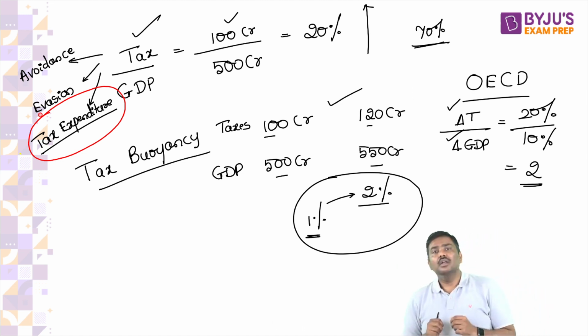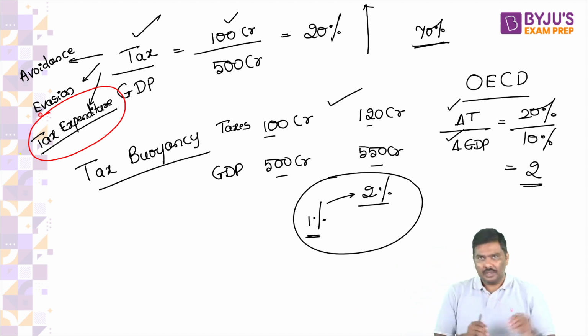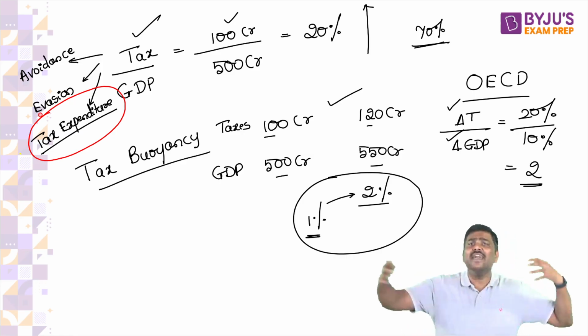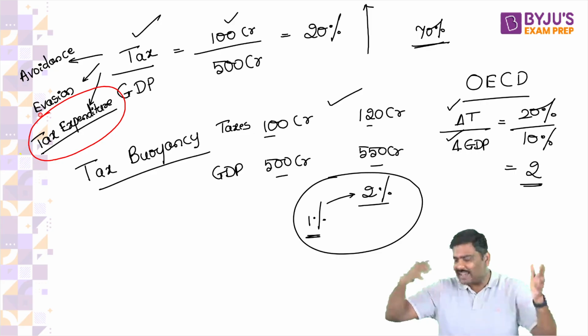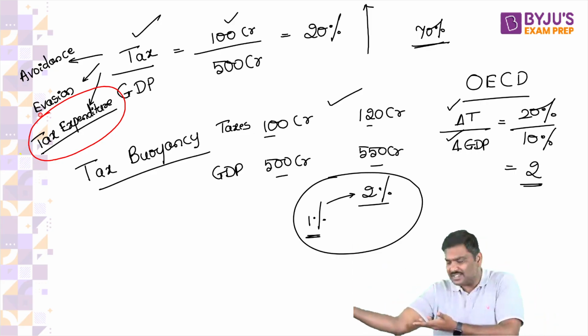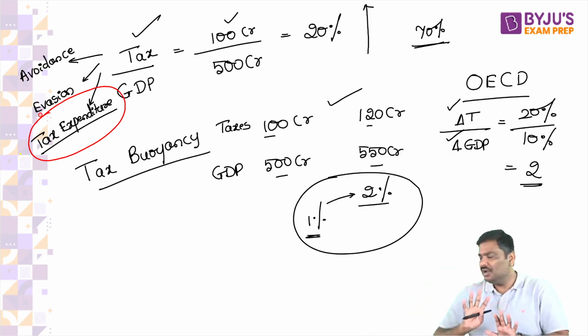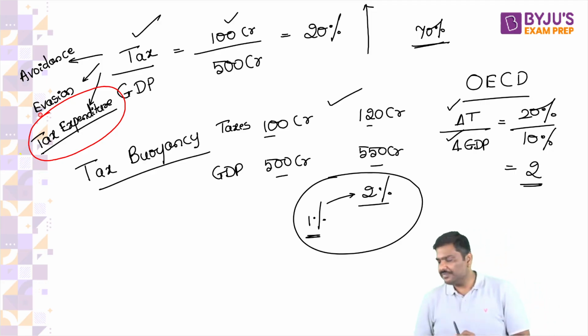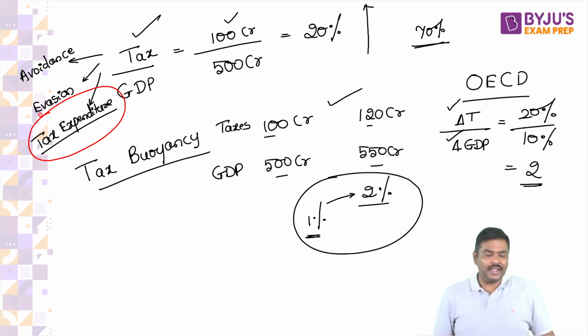Does it make sense to you? If UPSC will ask you these kind of questions, will you be able to answer this? Understand the concepts. Always focus on the concepts. Done. So, what are the issues related to taxation structure?